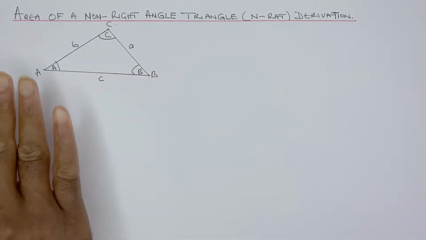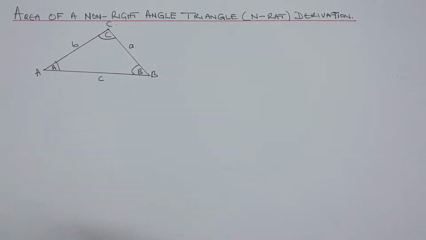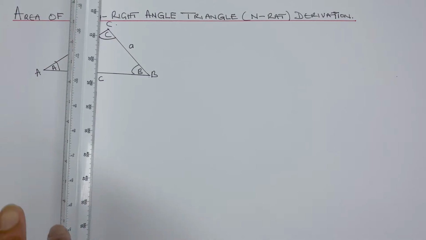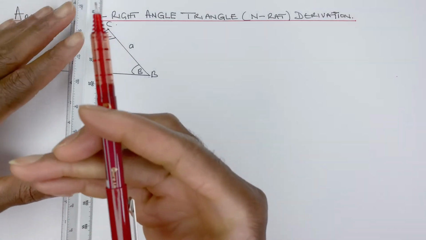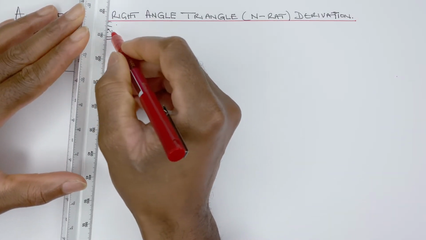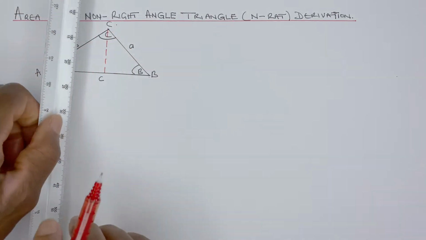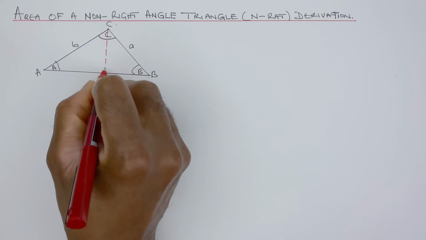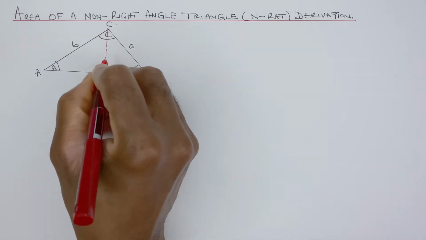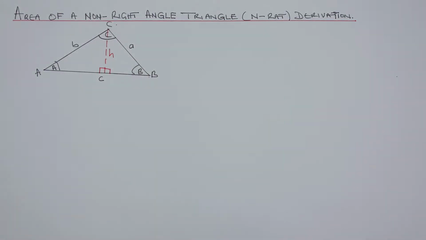Now to find the area of a non-right angle triangle, the area of a triangle is basically a half base times height. So I need to find the height here if I can. That height makes a right angle there, so that height is h.